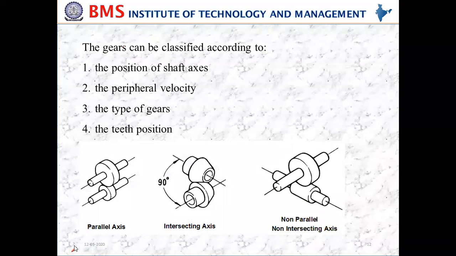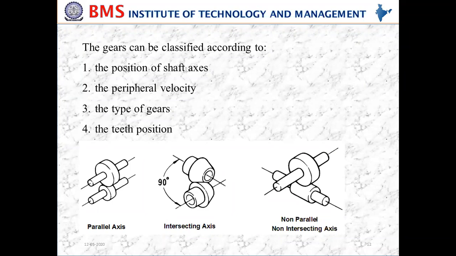Now, there are classifications of gear drives according to the position of the shaft axis. We can have parallel axis gears, intersecting axis gears, or non-parallel, non-intersecting gears. Then by peripheral velocity: low velocity, medium, and high velocity transmission gears.